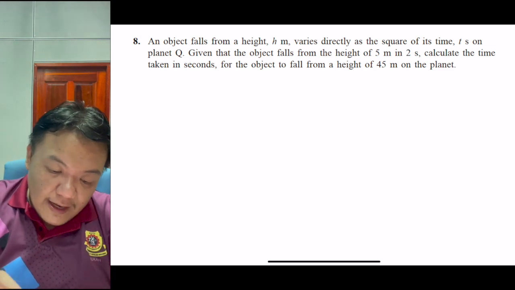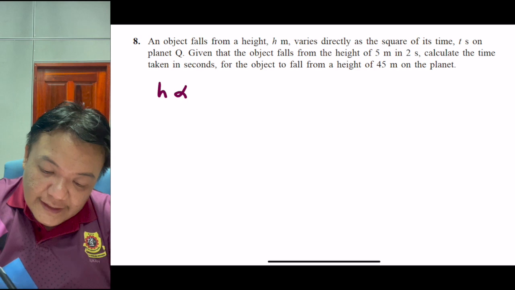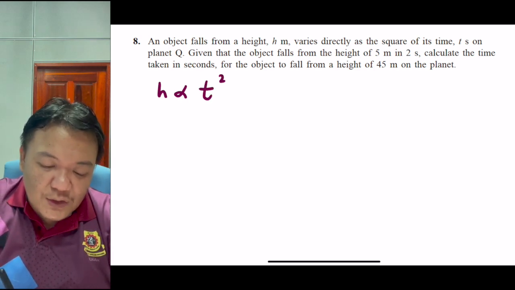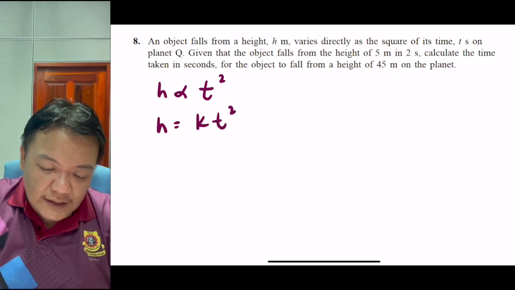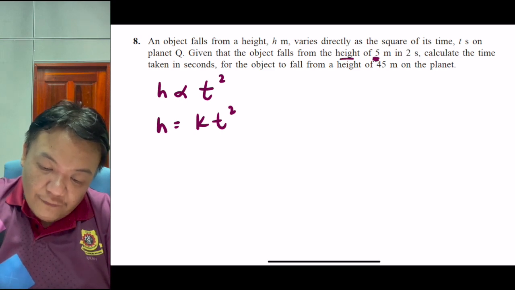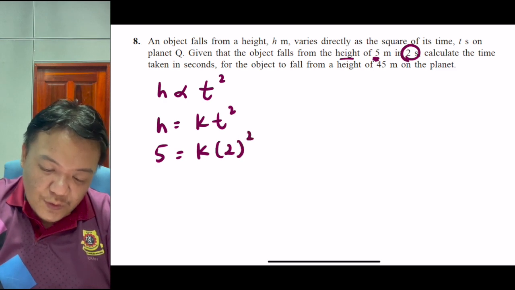Okay, same thing. You will start by writing h varies directly as the square of its time. So the square of its time is t square. Okay, and then you have h is equals to kt square. So, you have the height of 5 meters in 2 seconds, so you have 2 square.